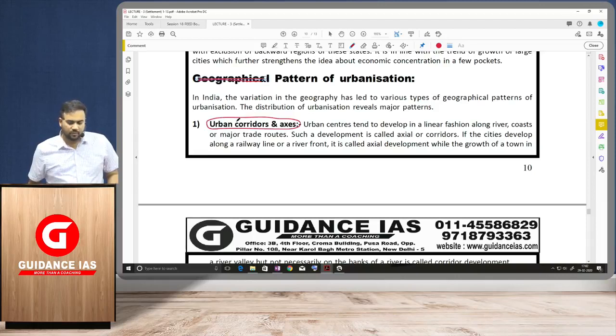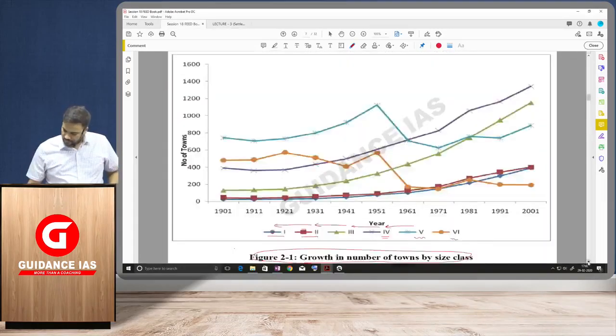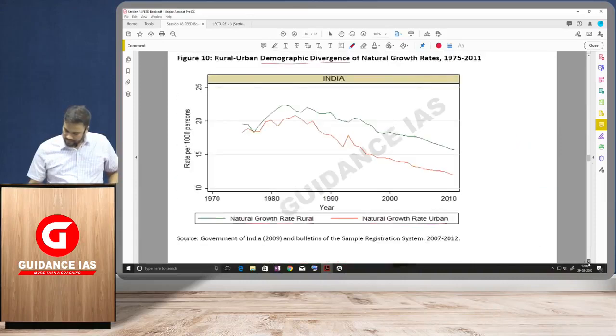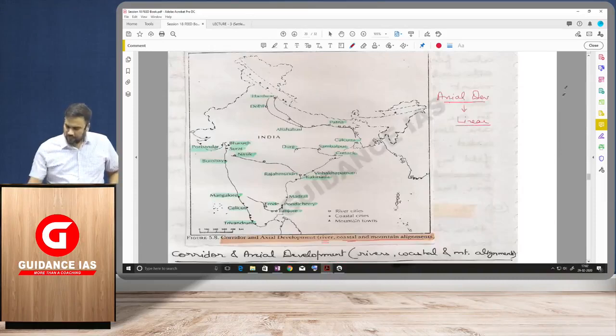Corridor and axis. Corridor, you know what is corridor? Axis is linear and corridor is a linear pattern which has some width also. So axis is a linear growth while corridor is a linear growth with some width. That is corridor. ठीक है? For this I have given you some diagram. Actually this type of pattern has been talked about by Ramachandran, that book I talked about.